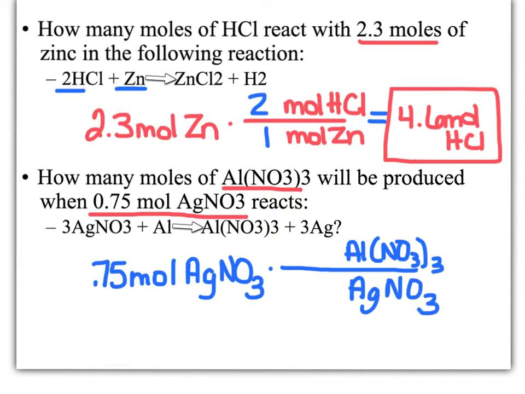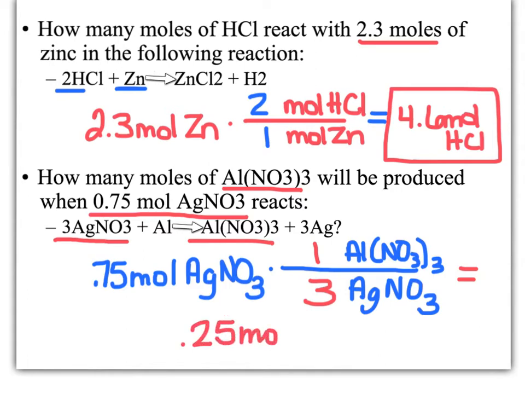And the relationship is that for every 3 silver nitrates that go in, 1 aluminum nitrate comes out. So in this case, to solve the problem, we would do 0.75 divided by 3, because it's on the bottom. So 0.75 divided by 3 gives me 0.25 moles of aluminum nitrate that would be produced.